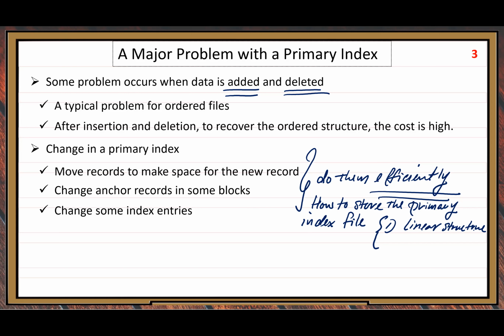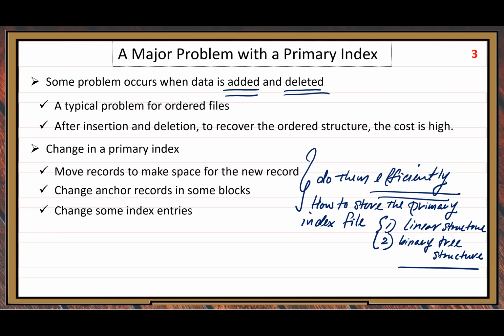But there is another one: binary tree structure. It's not a line, it's a binary tree. More complicated than the linear structure, right?